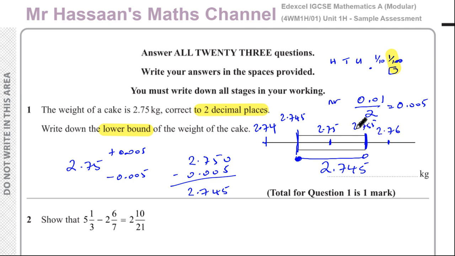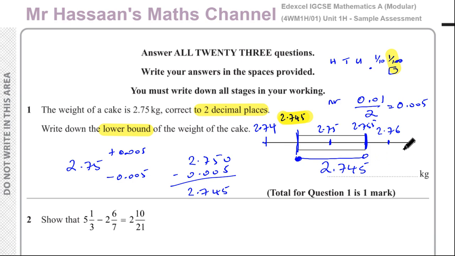So this is called the upper bound. If this question was about the upper bound, then this would be it, because the upper bound means everything up to, not including that. This question is asking about the lower bound, so there's not such a big problem there. But if they did say upper bound, we would write 2.755. But in this case, it's 2.745 because we're looking for the lower bound. And there's the answer to this question.